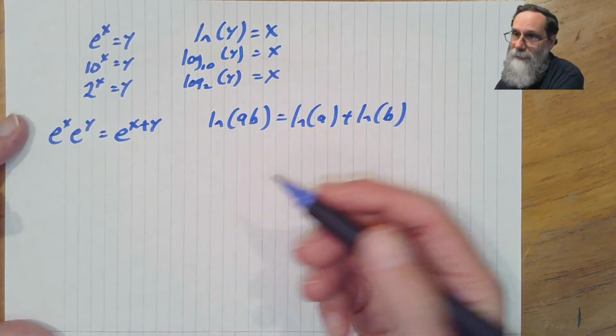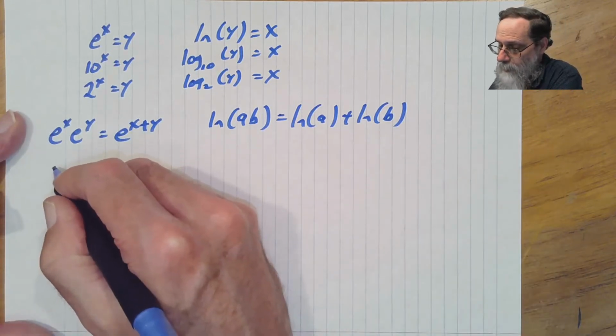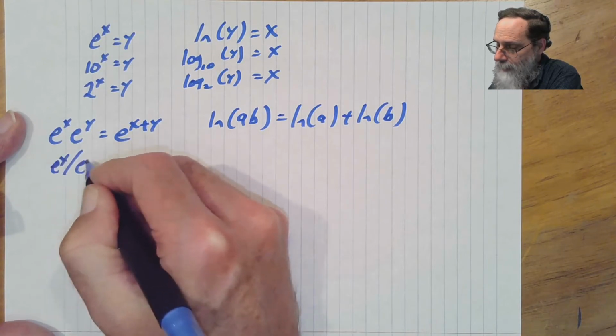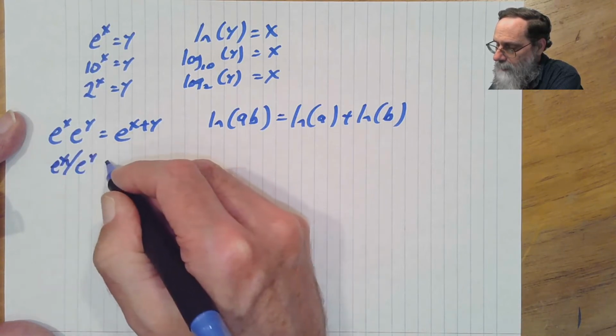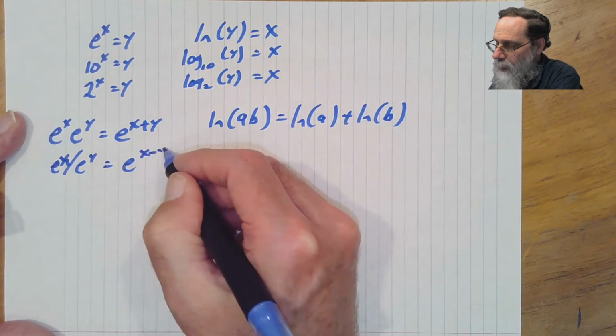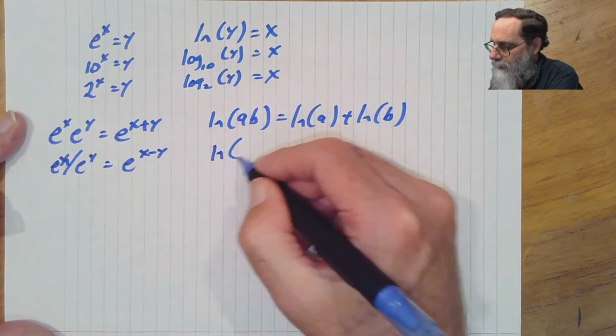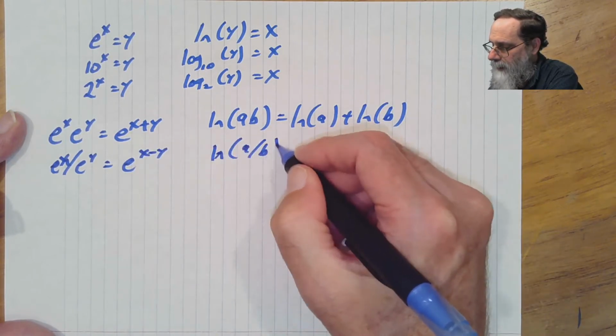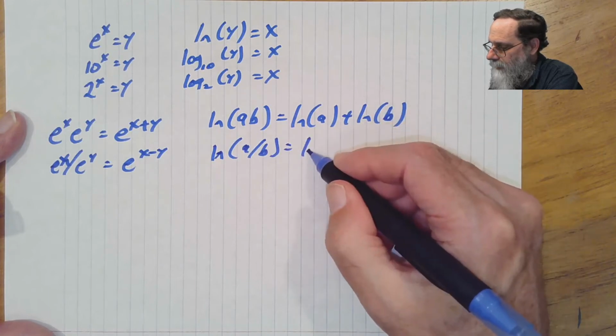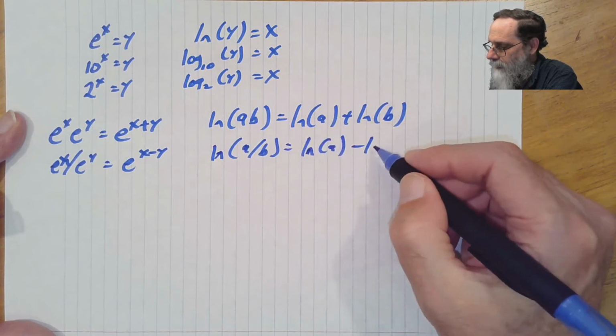And of course, the same thing happens with division, because if we do e to the x divided by e to the y, that's e to the x minus y. So the natural log of a over b is natural log of a minus natural log of b.